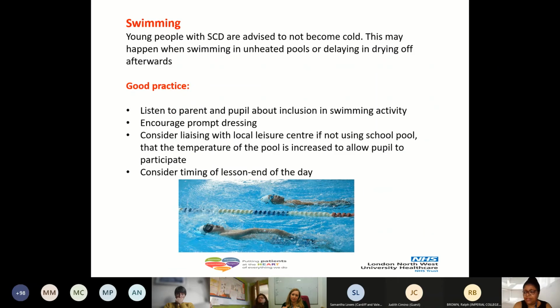And if it's not a designated pool that they go to for school, it's good to liaise with the local leisure centres, ask them to increase the temperature because you have a child with sickle cell disease, and freezing cold water might be problematic.